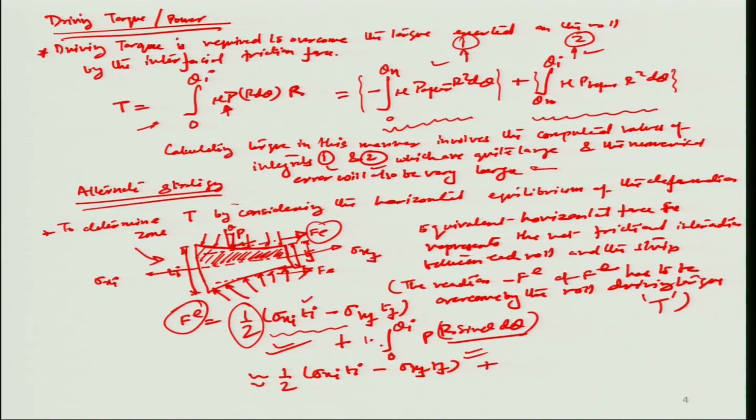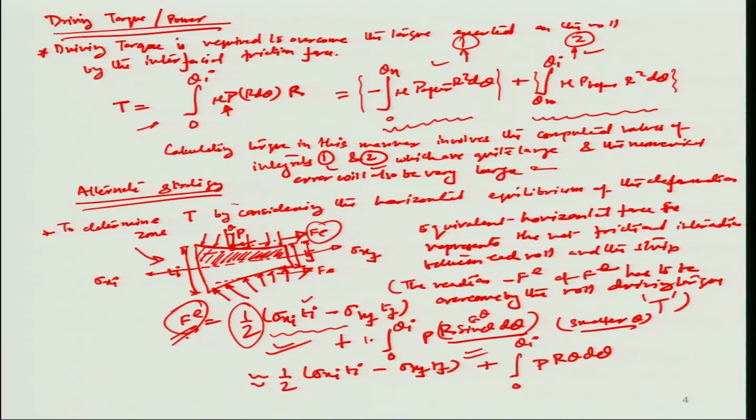So we just modify this here by writing plus integral 0 to theta I of P times R, and we can substitute approximately sin theta as theta because of smaller theta. So we are assuming here smaller values of theta, and we have P R theta d theta as the final formulation.